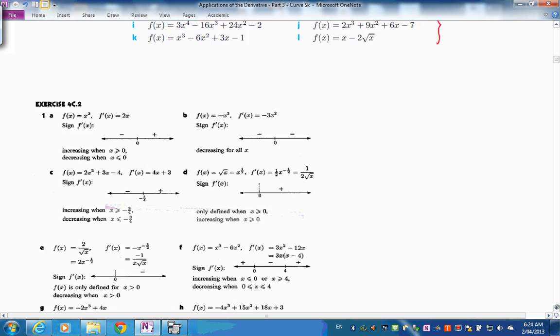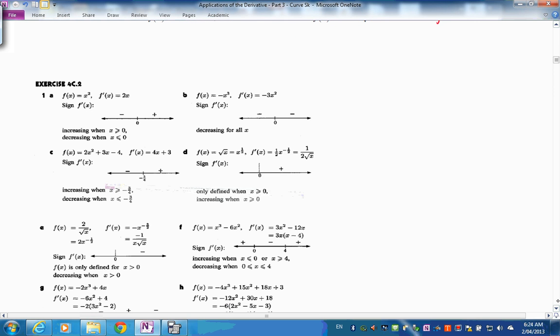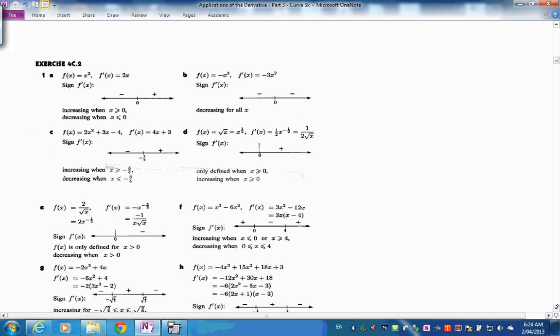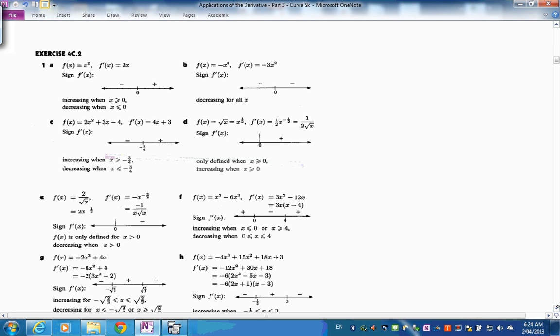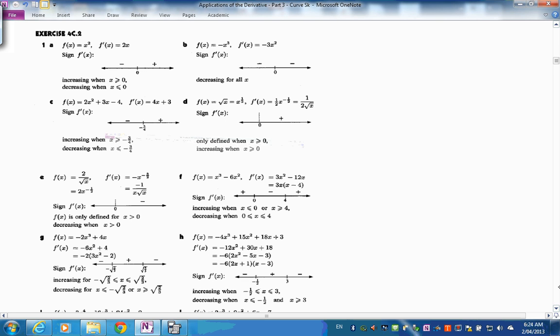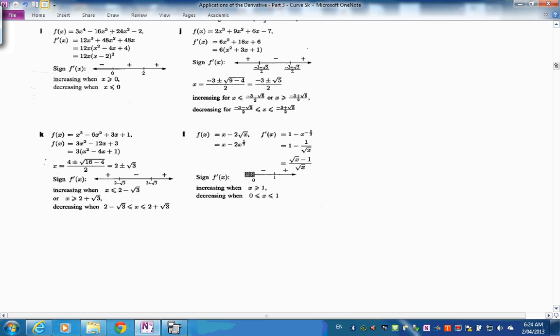So here we are, we'll just do the first few, down to the end of h, and then let's go to I, J, K and L. Okay, so mark your work and get ready to move on. I'm going to move on now.